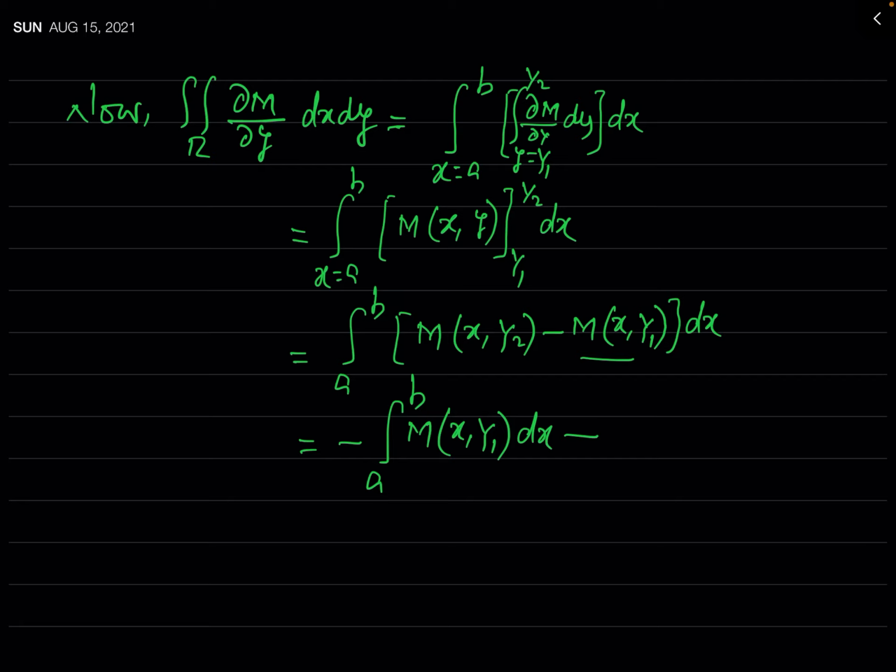So you can write this as minus integral of m of x comma Y2 dx, and the limits will now be b to a.